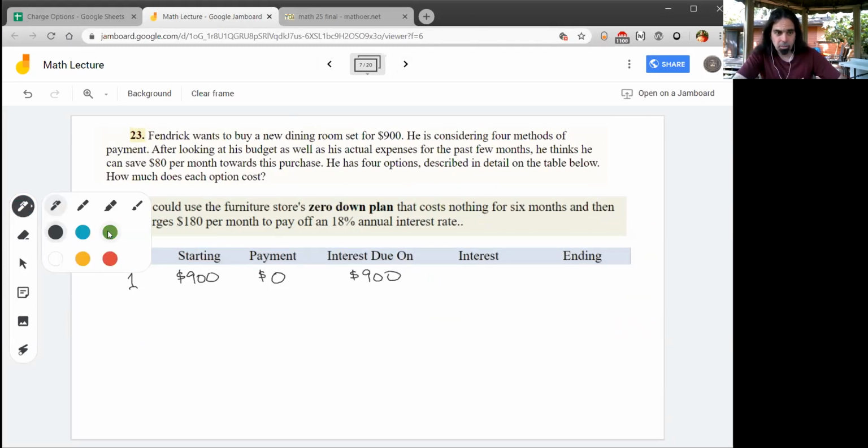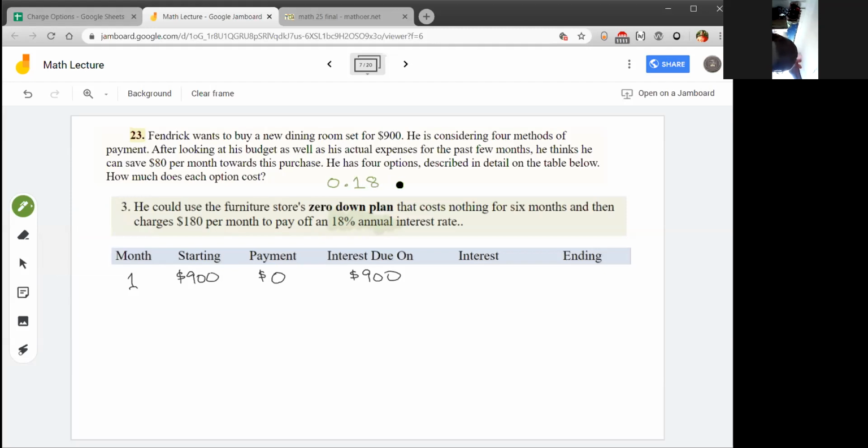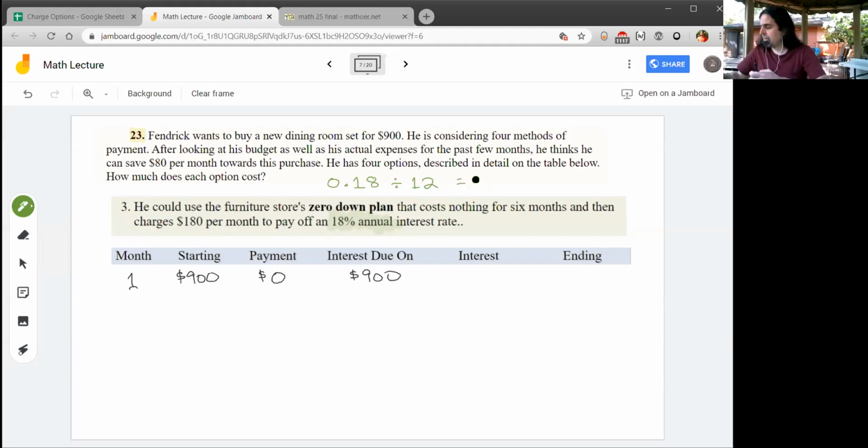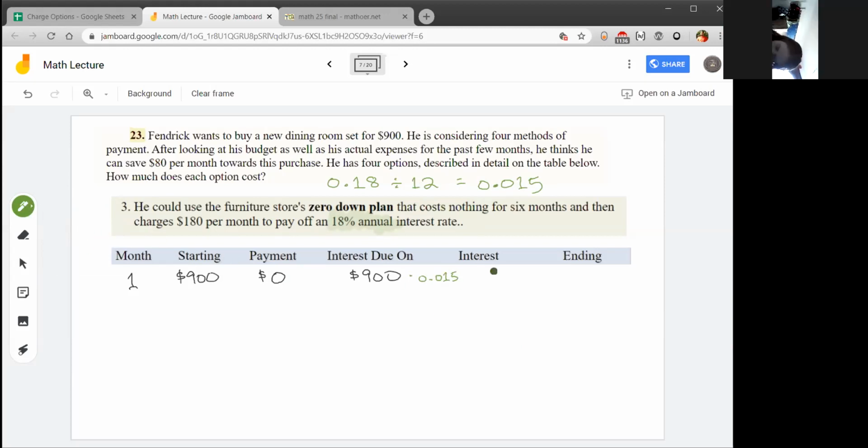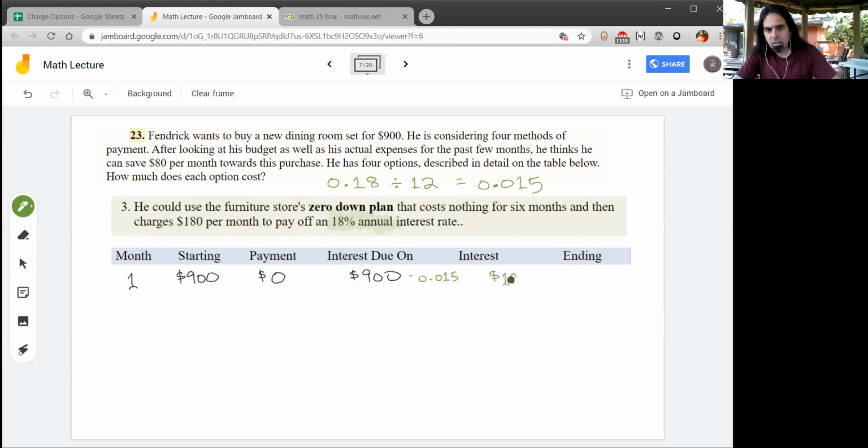We need to find out what 18% divided by 12 would be. .015. So we would get $13.50 for interest.